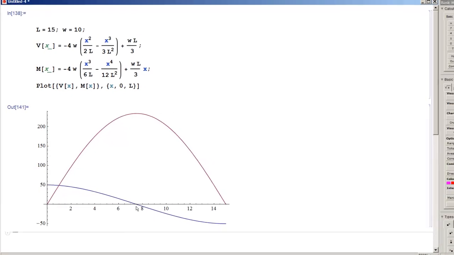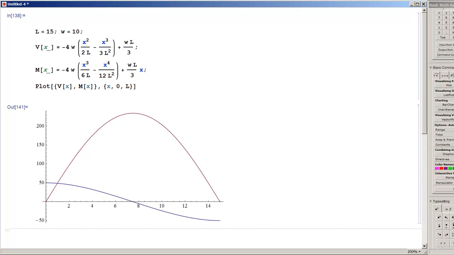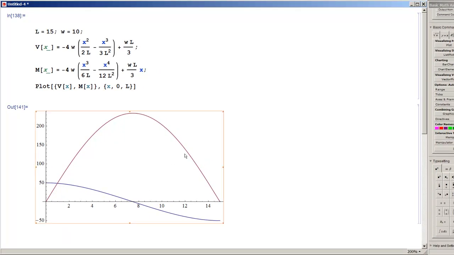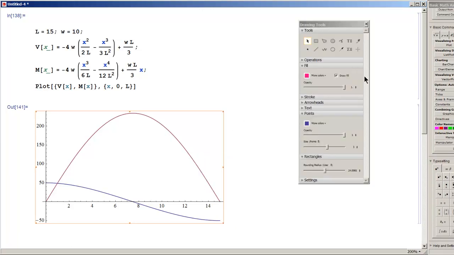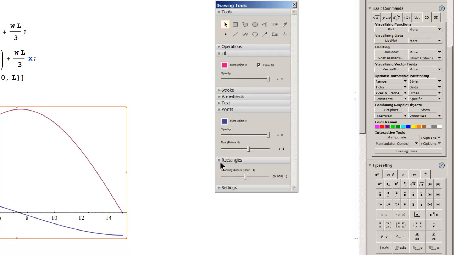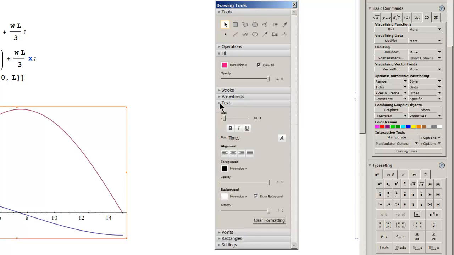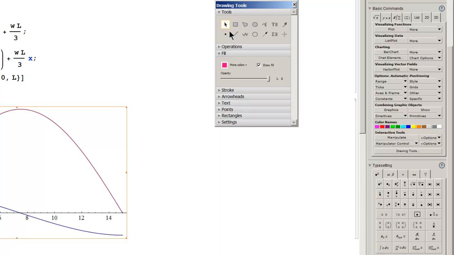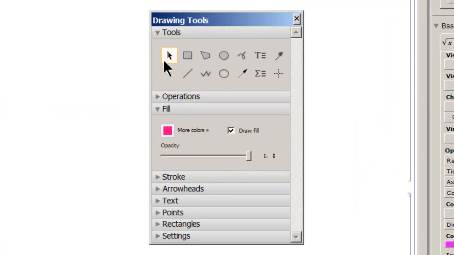Okay, let me see if I can trace a point. If I right click and use drawing tools, how do I trace? Operations, no, maybe next time. I just wanted to know how to trace certain values.